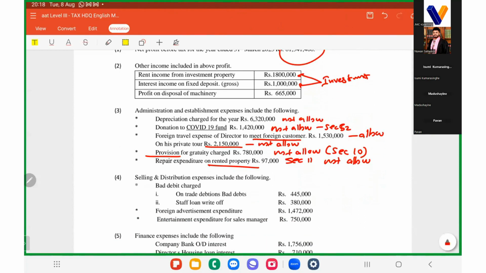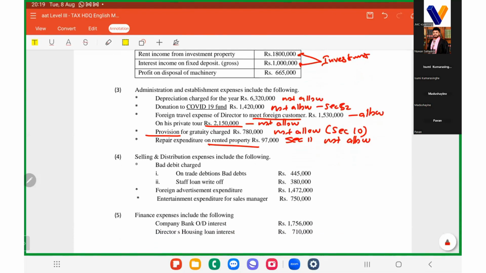Yes. Then selling and distribution expenses. That selling and distribution expense include the following things. The bad debt charge on trade debtor, so that was a typo error.